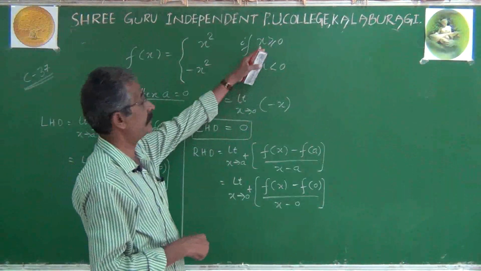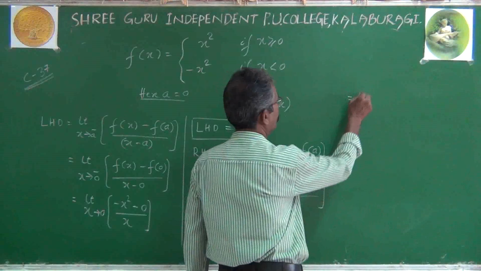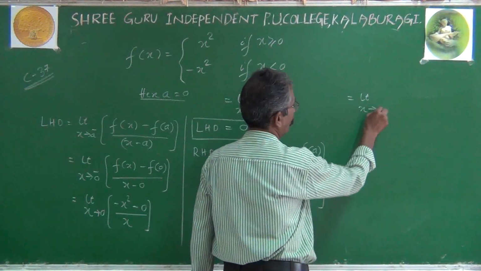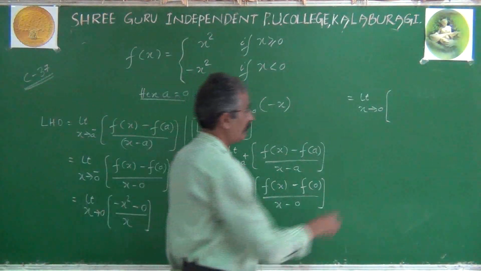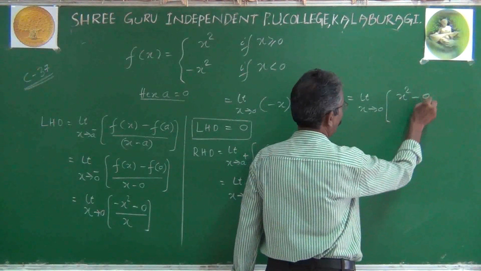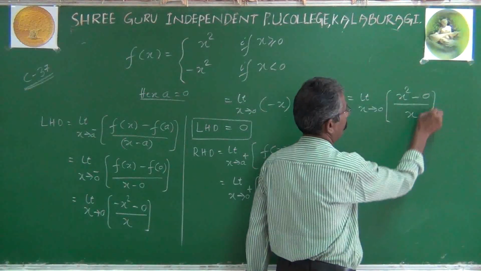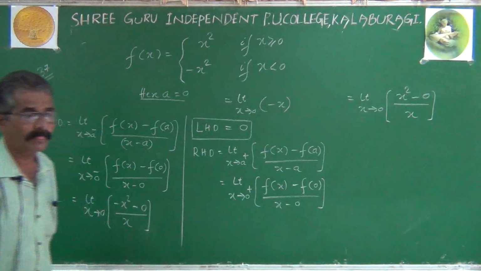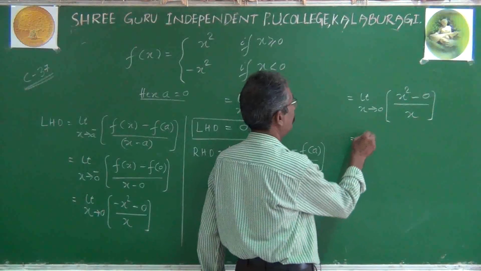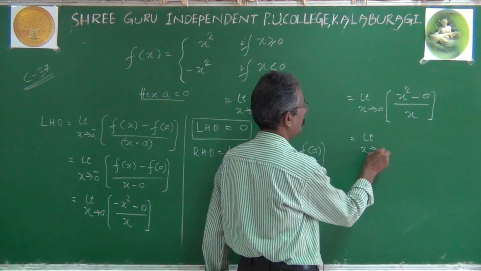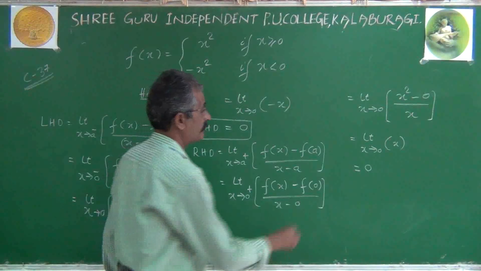More than 0. When x is more than 0, the function value is x square. So f of x is x square now. At the same time, f of 0 is 0, divided by x minus 0, which is x. x square minus 0 is x square, one x will cancel out. That is the limit as x tends to 0 of x. That means it is 0. This is the right hand derivative.